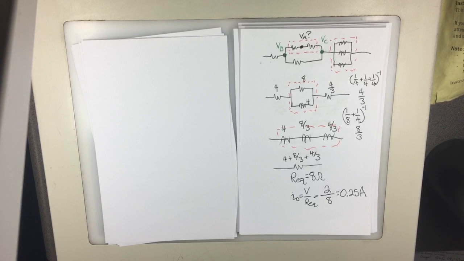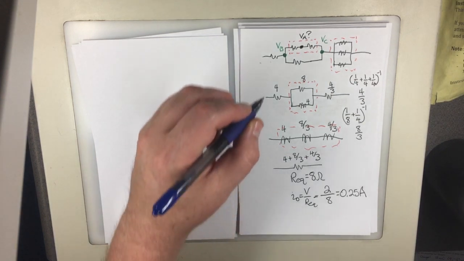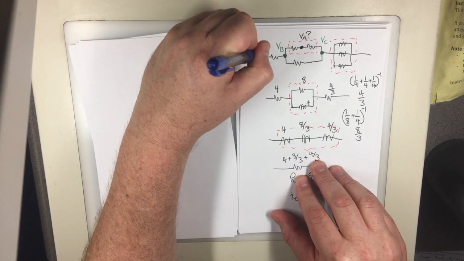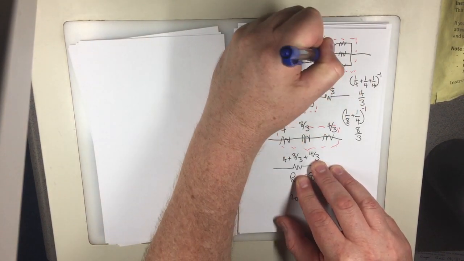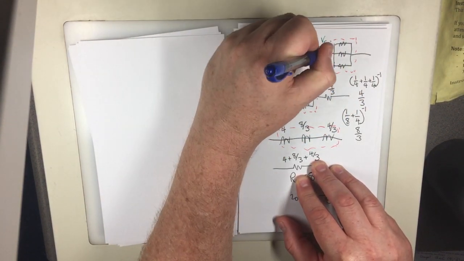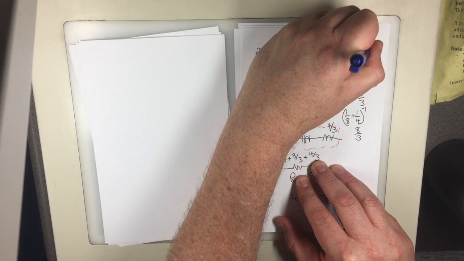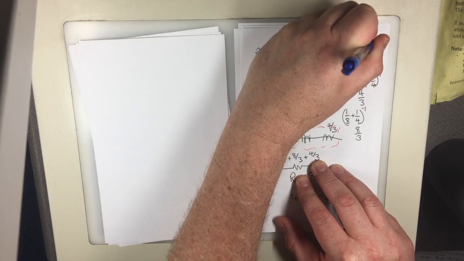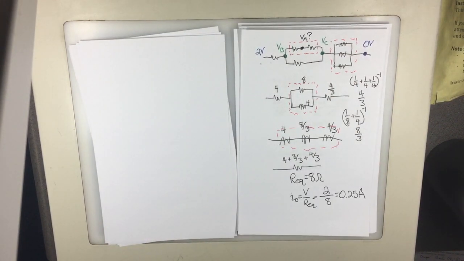The quickest way to do this is to get VB, I'm gonna step down from the battery, which is 2 volts. And to get VC, I'm going to step up from down here, which is 0 volts. Because on one side, we're at the positive end of the battery. On the other end, we're at the negative end, or the ground.